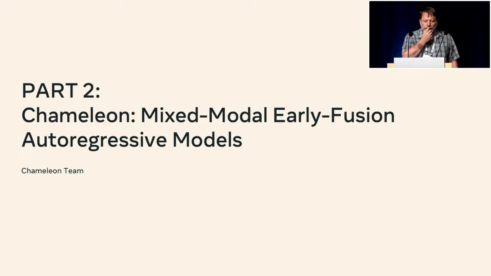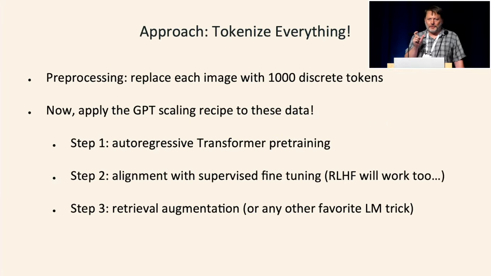All right. So the first approach, and this is the older models, is think back to my two tokenizers. Think if you have a discrete tokenizer. So every place you have an image, what you can do is run that little pre-trained gray polygon, your encoder, and every place in your data that you have an image, you just replace it with 1,000 discrete tokens. So you have to go out and gather data that's interleaved sequences of text and images.